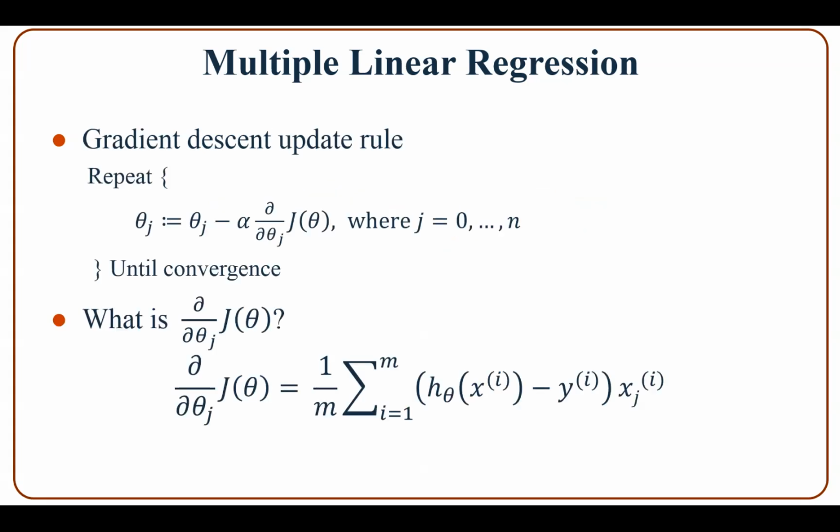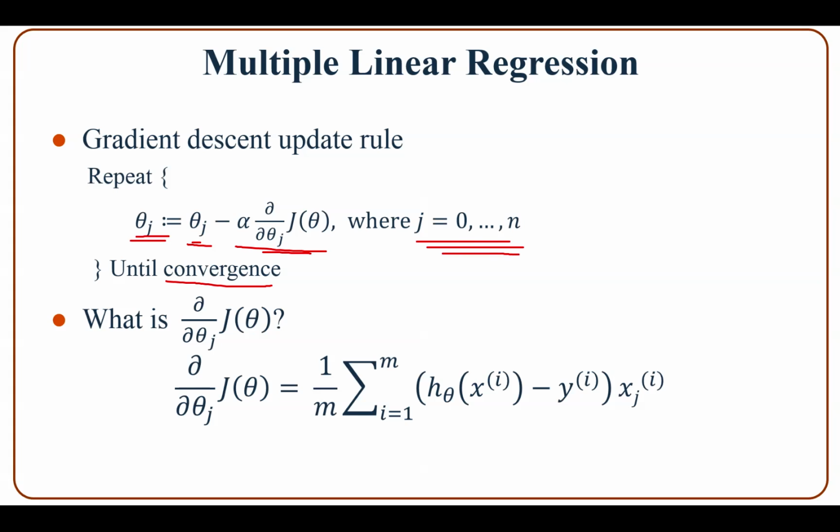For multiple linear regression, the gradient descent update rule is more general. So we repeat and update theta j by that much again and again iteratively until convergence, and the parameters are updated simultaneously for all theta.